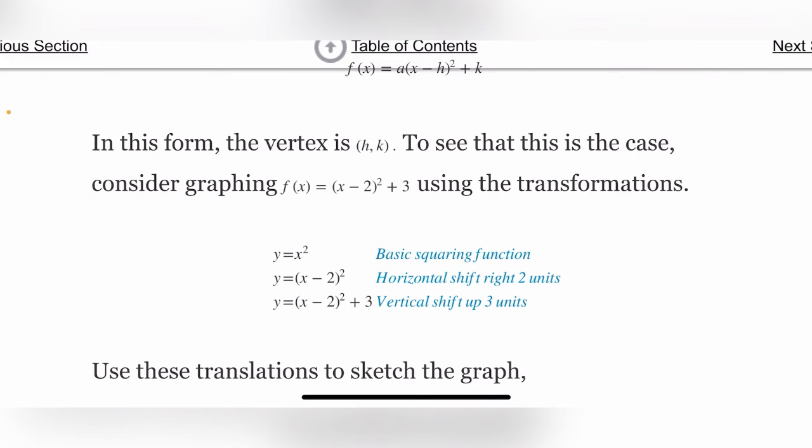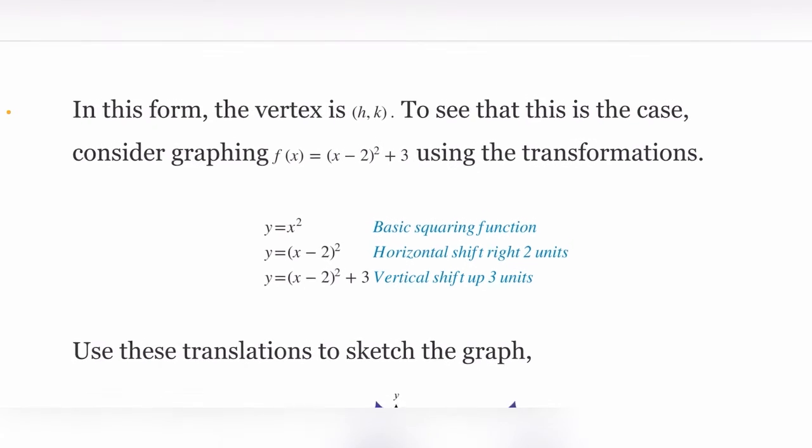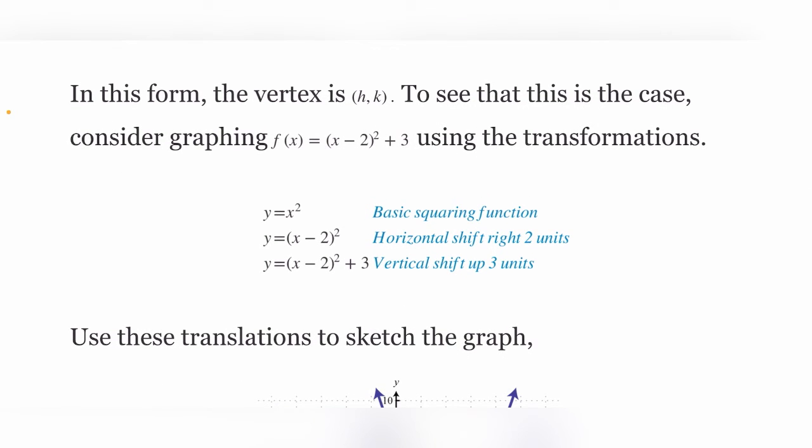To see that this is the case, consider graphing. Let's try it. f of x equals x minus 2 squared plus 3.